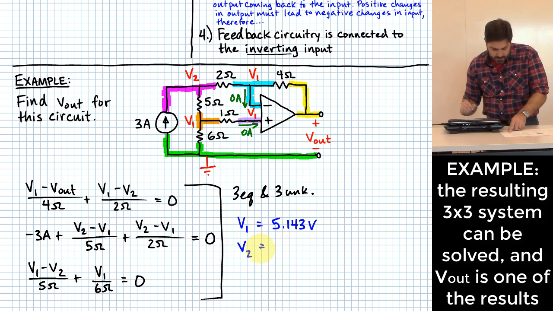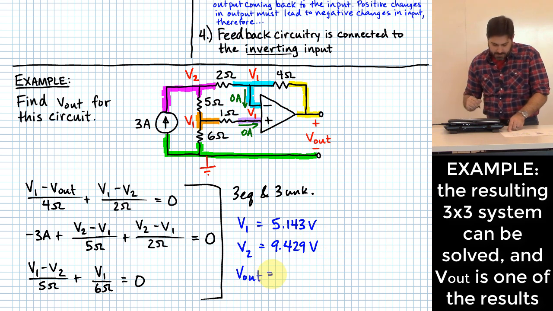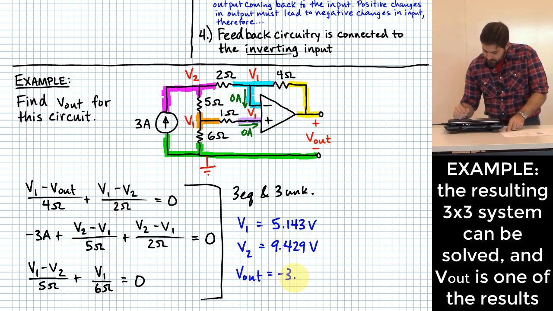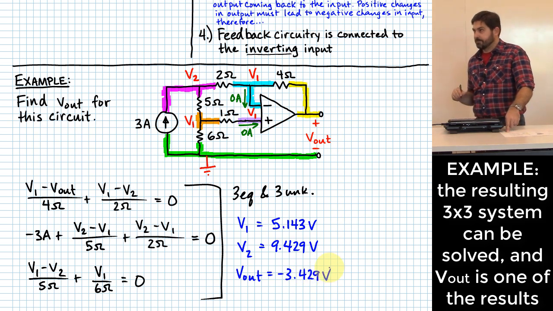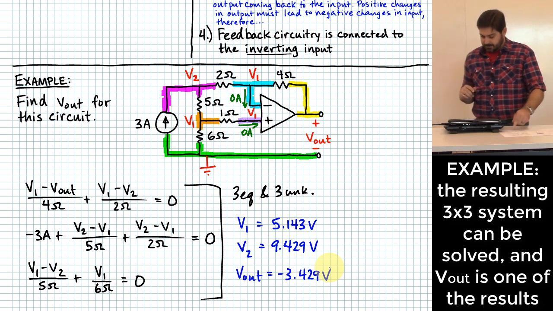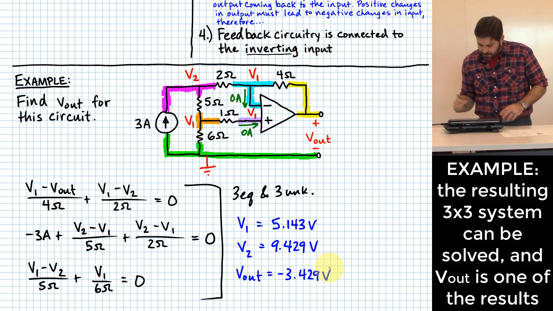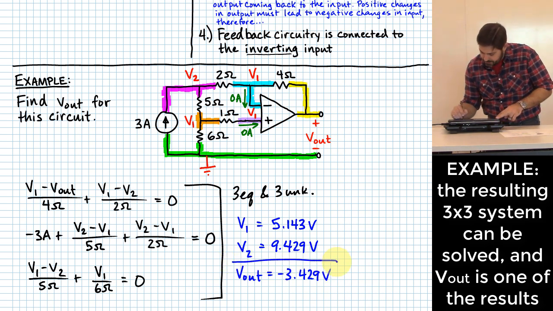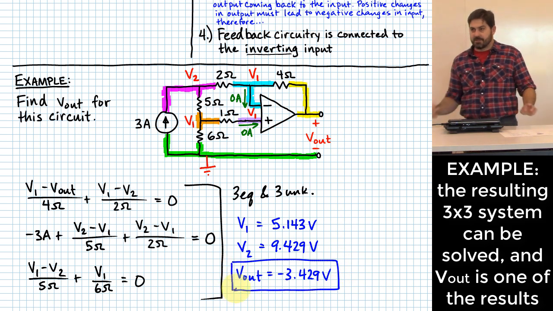V2 is 9.429 volts. And V out has to be negative 3.429 volts. Okay, and so that last one that I just wrote, that is the answer to the question that was asked.